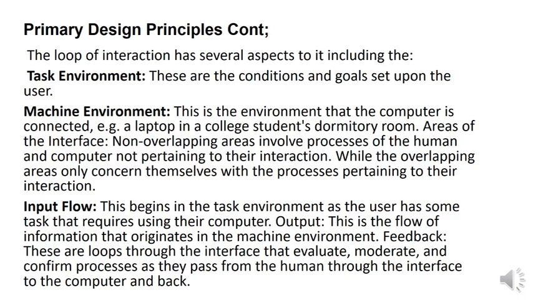Outputs: this is the flow of the information that originates in the machine environment. The feedback: these are loops through the interface that evaluate, moderate, and confirm processes as they pass from the human through the interface to the computer and back.